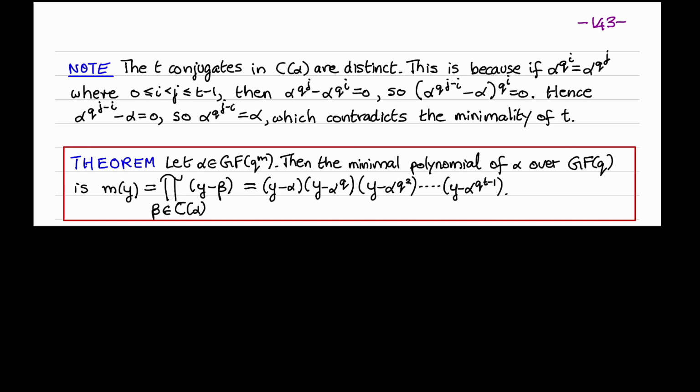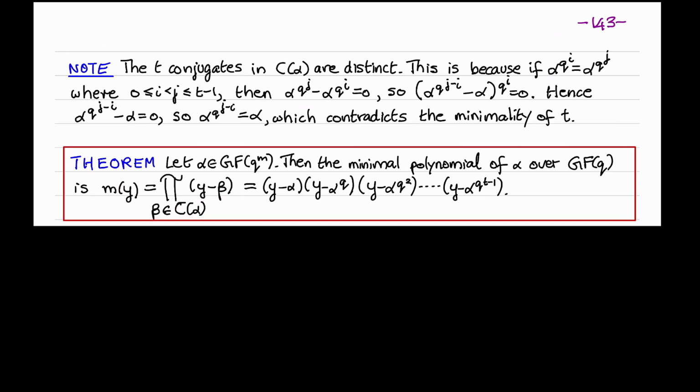I'm now ready to state the main theorem of this lecture, which is our formula for computing minimal polynomials. So let alpha be an element in the extension field GF(q^m). Then the minimal polynomial of alpha over GF(q) is M of y, which is the product of linear factors y minus beta, as beta ranges over all conjugates of alpha.